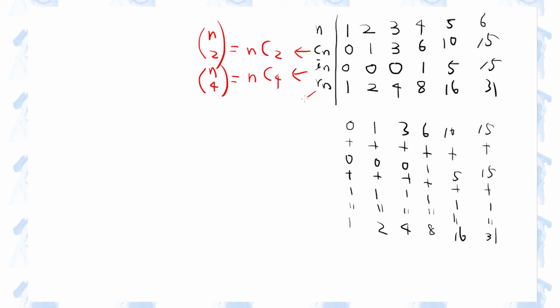So, R sub n is C sub n plus I sub n plus 1, n2 plus n4 plus 1.